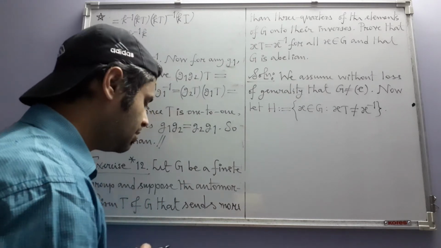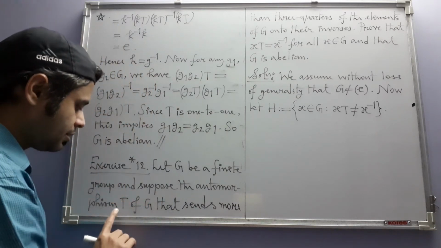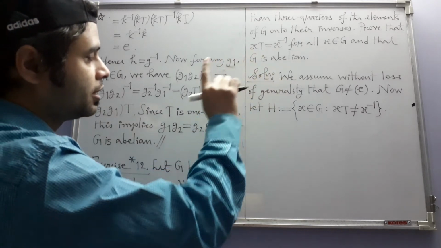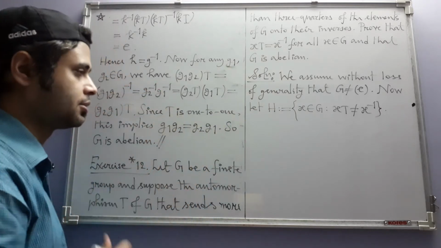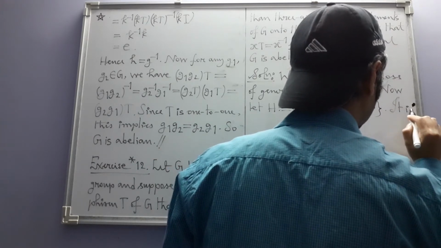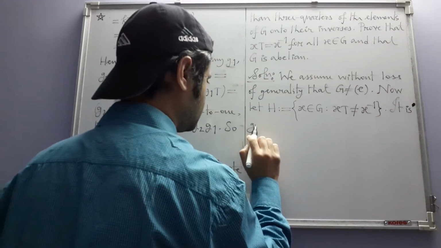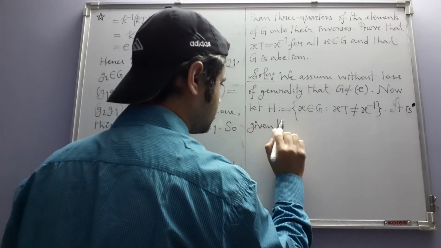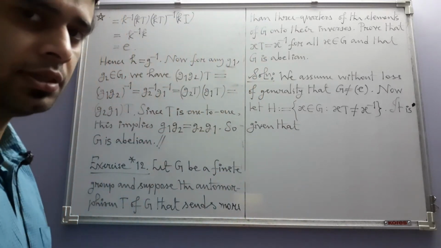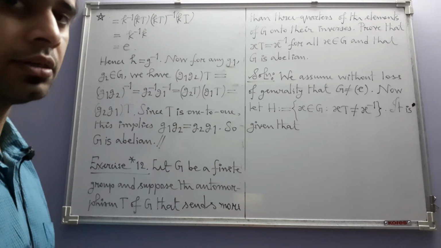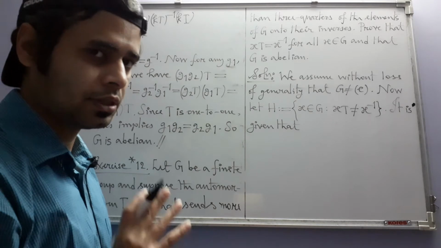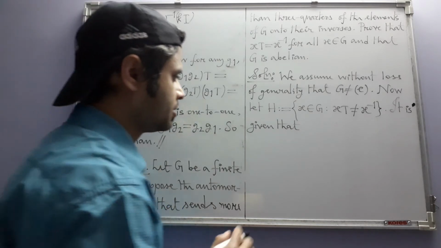But now what is given? It is given that T sends more than 3/4 of the elements of G onto their inverses. Now what is the set of elements in G that are mapped by T onto their inverses? Clearly they are the ones which are not in H. They are mapped by T onto their inverses.